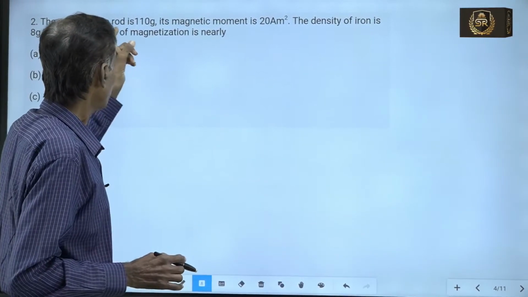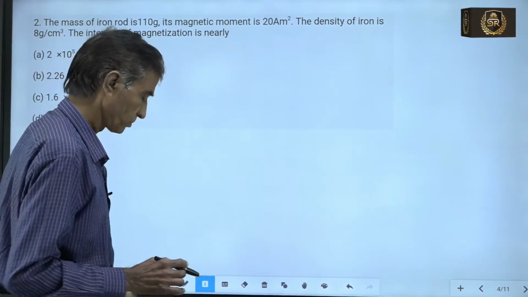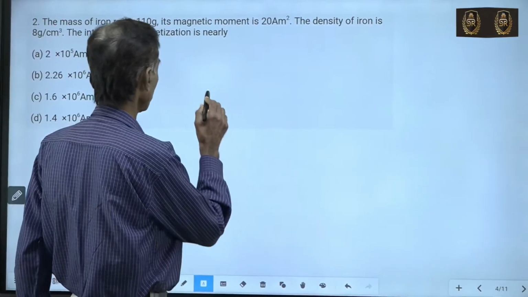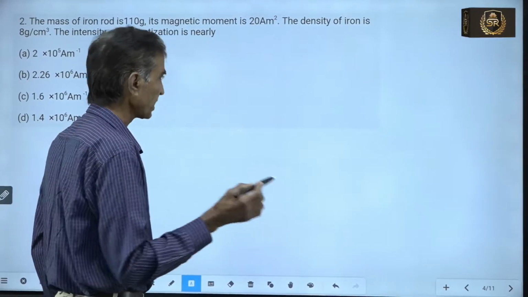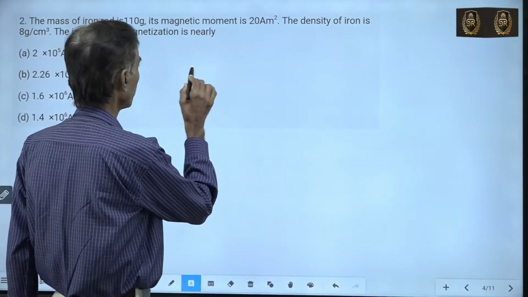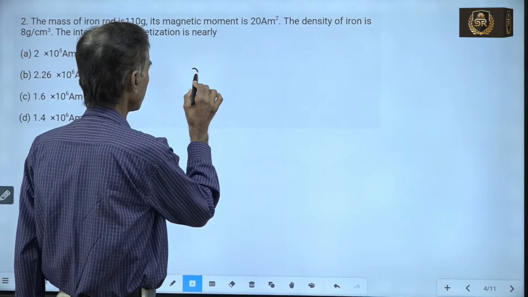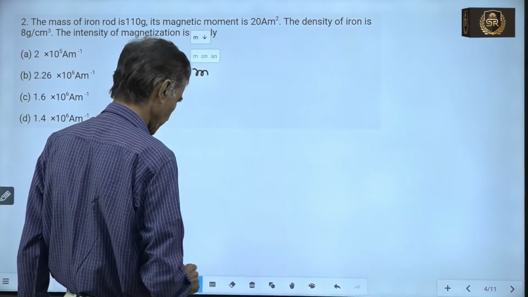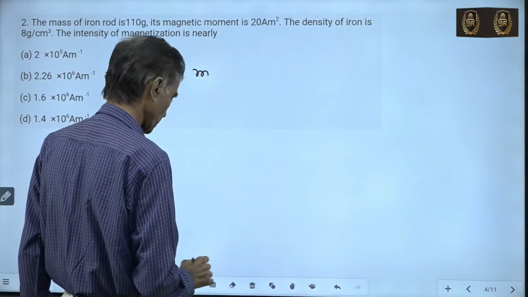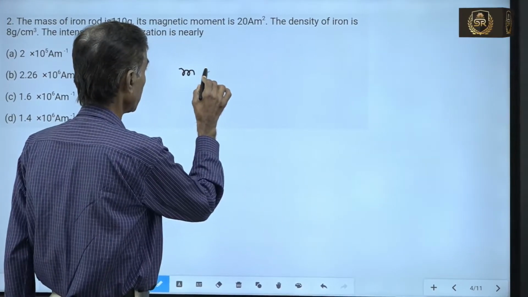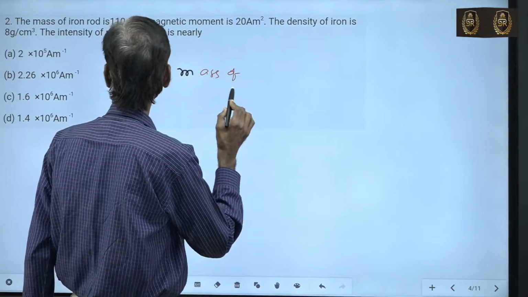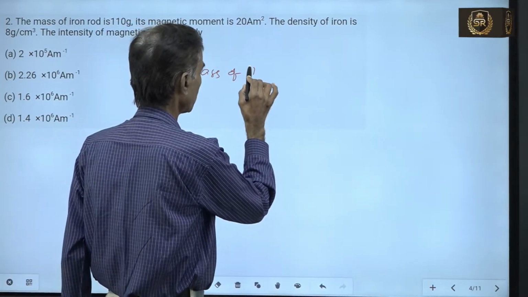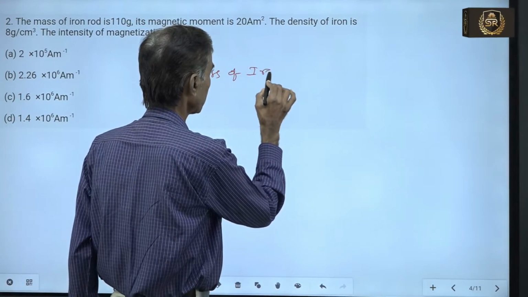You check mass of iron rod. Let us use capital M or small m, whatever, or m dash we will use. So we will write mass of iron rod.